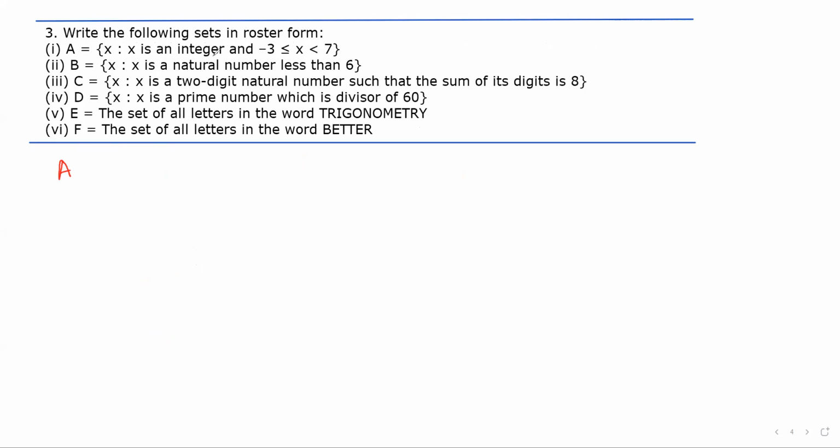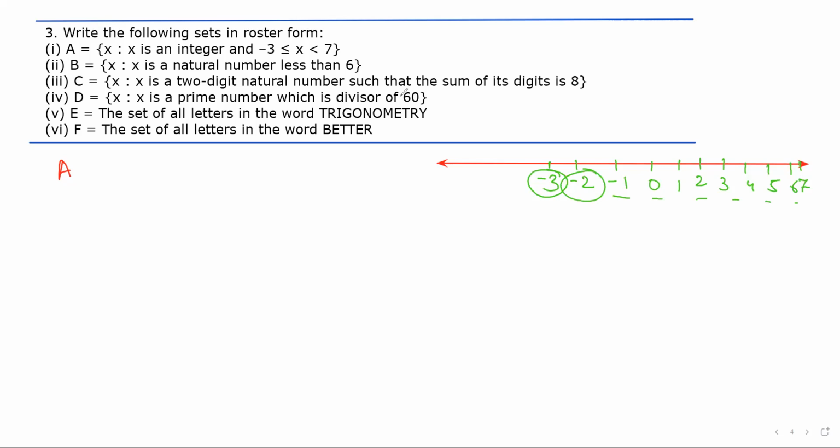So x is an integer. We know there are specific integers, and let's imagine a number line first. You have a number line with -3 on it, which is your leftmost value. -3, -2, -1, 0, these are integers. 1, 2, 3, 4, 5, 6, and 7. x ≥ -3, so -3 is included, and all these values are included.